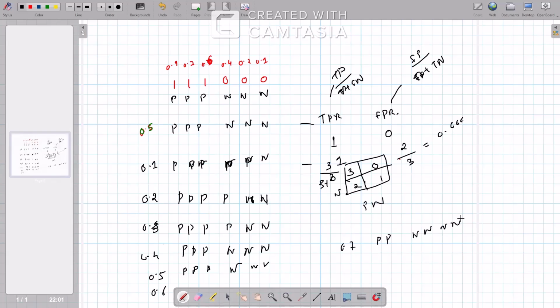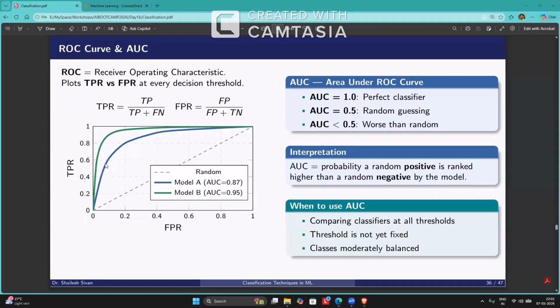Sir, my question is, this threshold is always 0.5, right? Yeah, the threshold is 0.5. But for formulating this ROC AUC curve, we will consider different prediction probabilities and plot TPR and FPR.